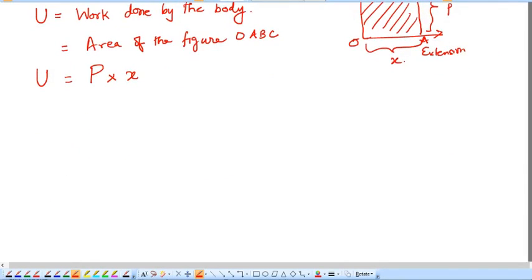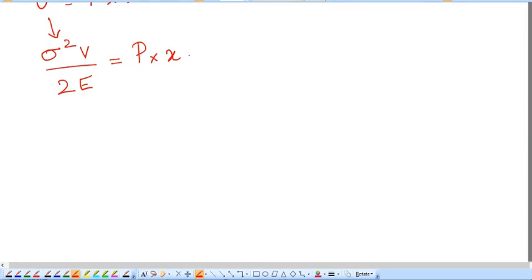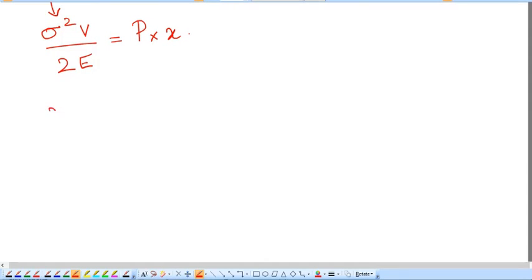But we know that the strain energy is equal to sigma square V by 2E. So this value is equal to P into X. So what is V? V is area into length.